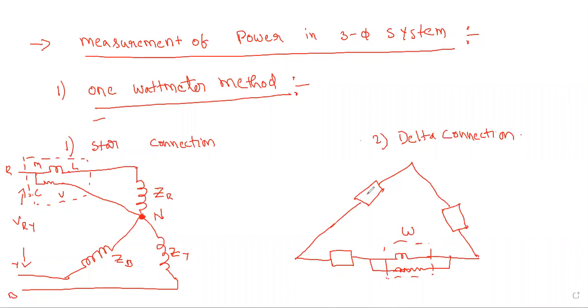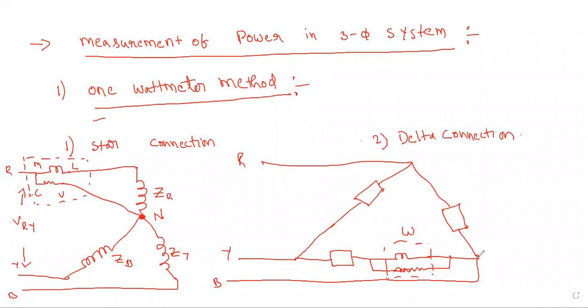So here R phase, Y phase and B phase, with currents IR, IY, IB. These boxes are impedances, the impedance per phase, Z phase.